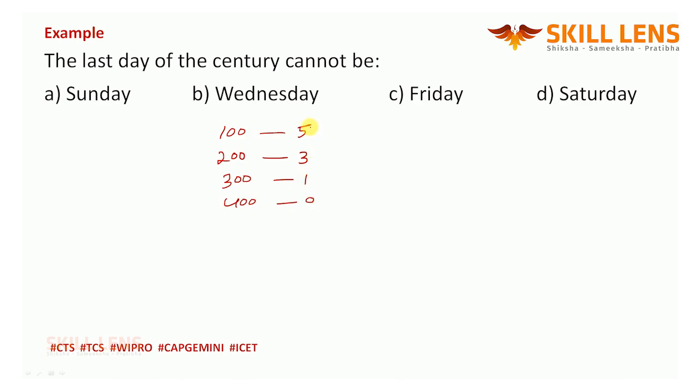What are these codes? 0 is Sunday, 1 is Monday, 3 is Wednesday, and 5 means Friday. So century years can be Friday.